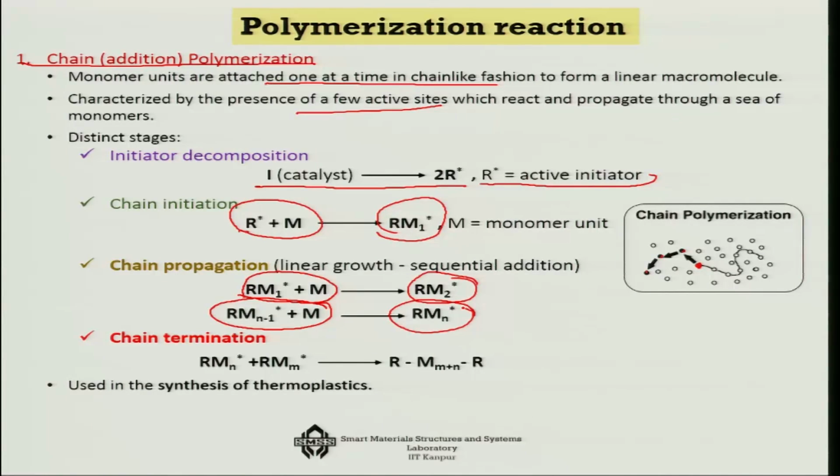When that process will stop, when one of these RMn* is going to react with another RMm*, then there will be an RM(m+n)R formation. So as both the sides of the polymer now have two R's, it will lose its cutting teeth. That means the chain polymerization will stop at that instant. So that is what the addition or chain polymerization is.